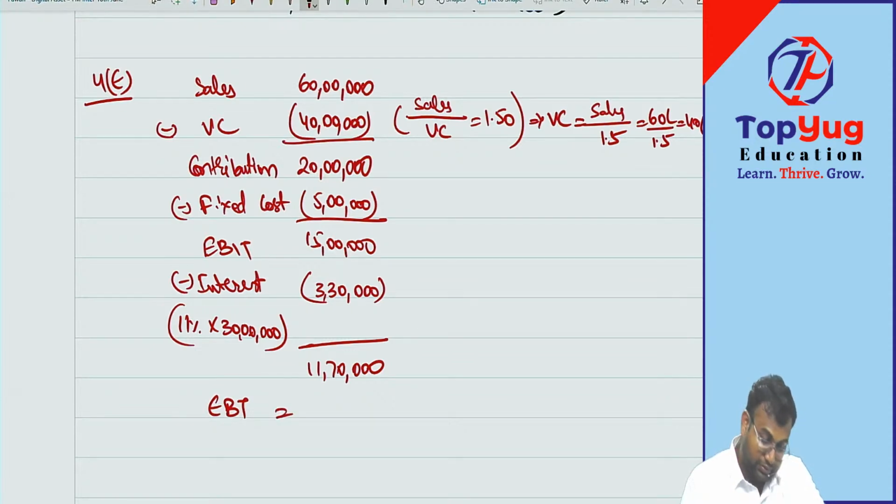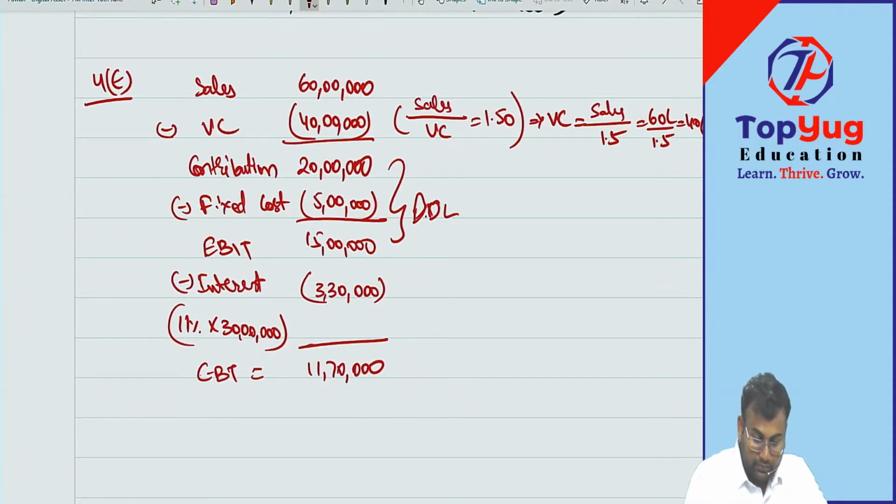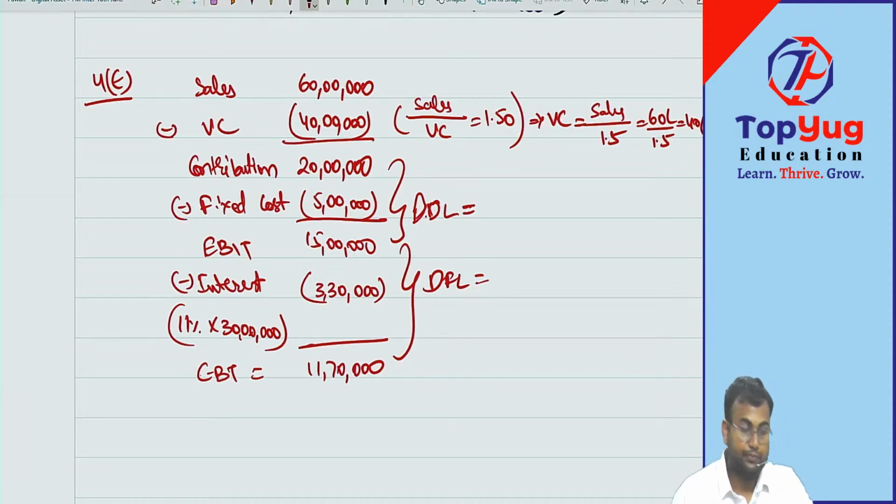EBT is equal to how much? 11 lakh 70,000 EBT. Yes. Let's see. How much is it? 1.33.